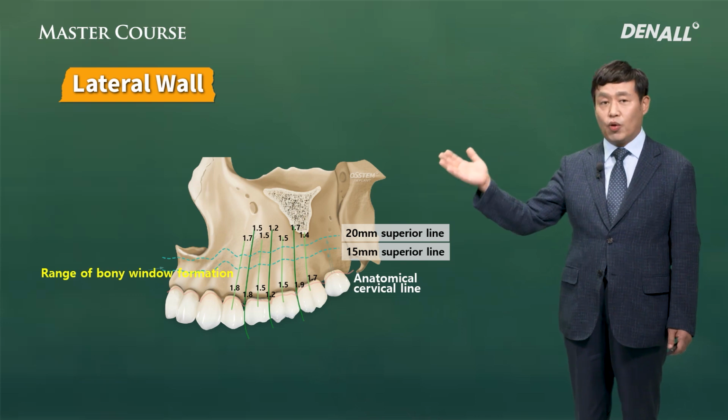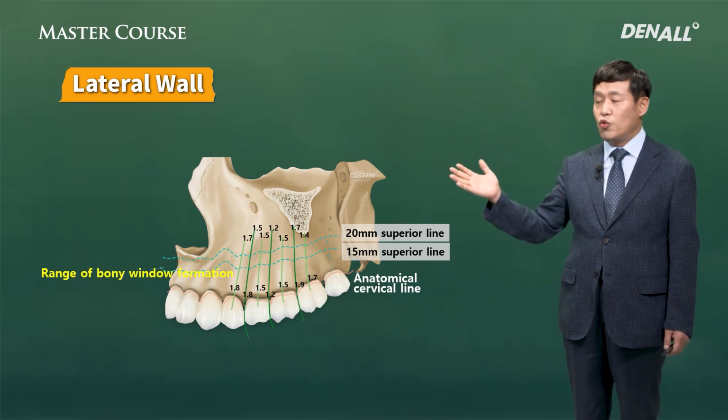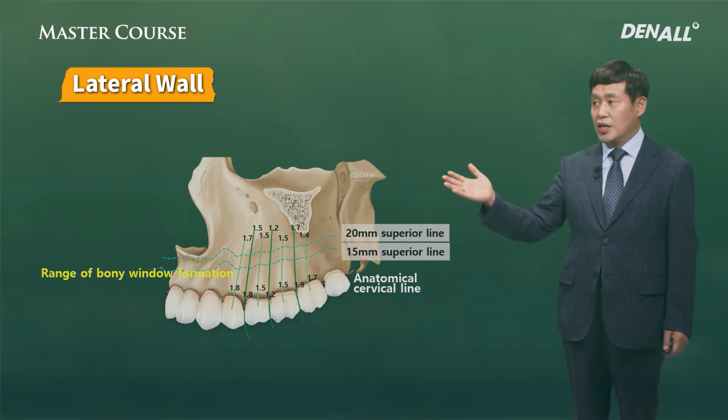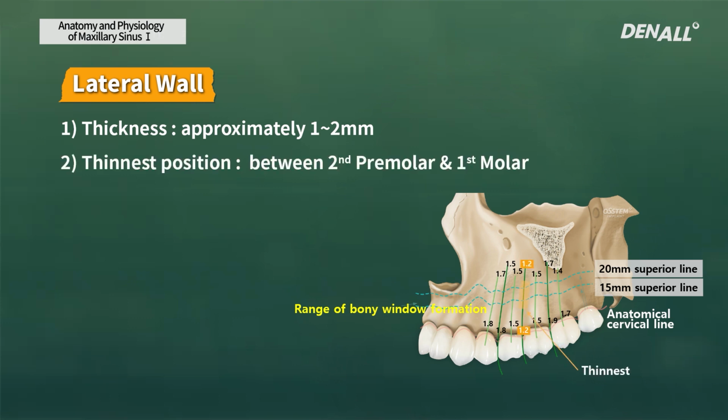In the lateral wall is where we make a window for lateral approach. Normally, thickness of the lateral wall in the maxillary sinus is about 1 to 2 millimeters. The thinnest part is between the second premolar and the first molar.